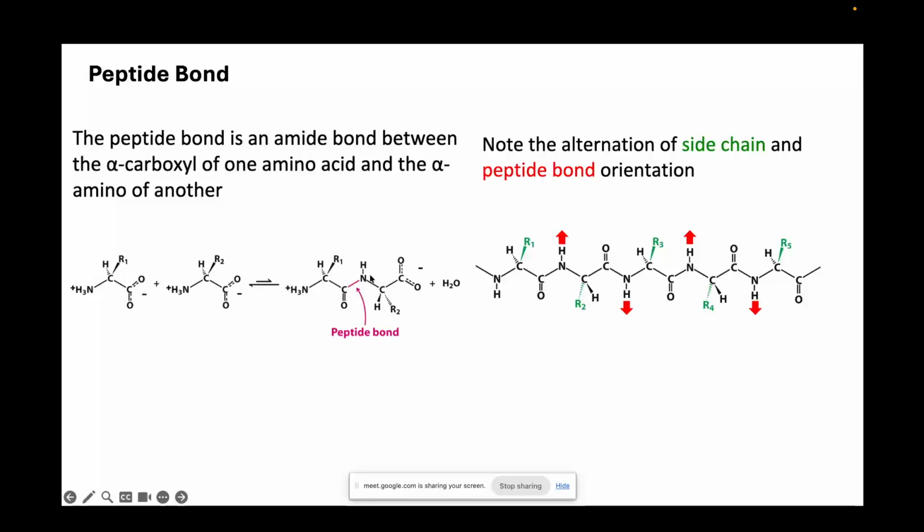Because this is a single bond, rotation is freely available. If it's a double or a triple bond, rotation would not have been possible. But since this is a single bond, rotation is technically possible. But since R1 and R2 are very huge and complicated groups, it brings in steric hindrance along with it. So you cannot just rotate along the bond of this peptide bond.